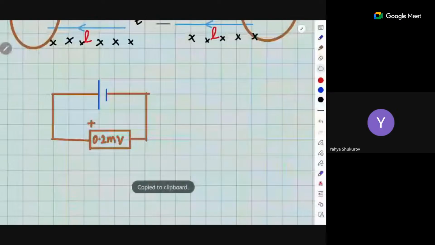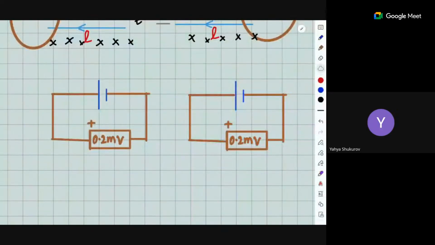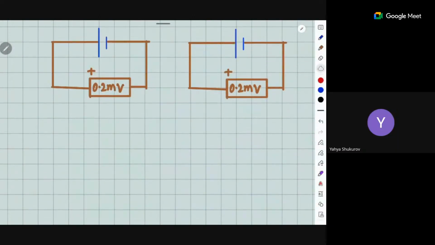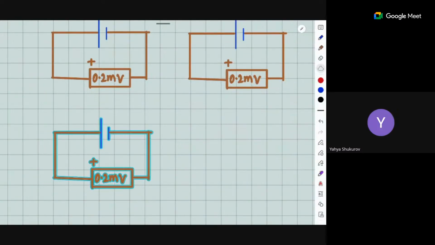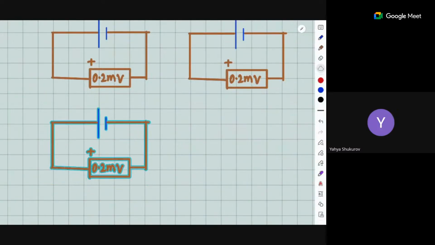You got my point. Is it clear? But let's say there is another situation here where you have reversed the terminals.